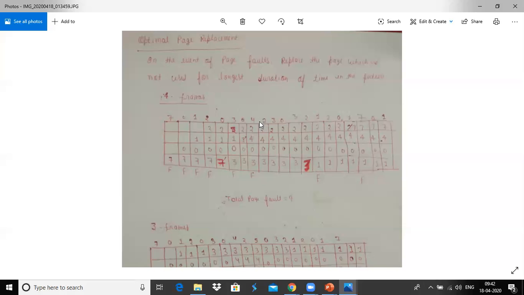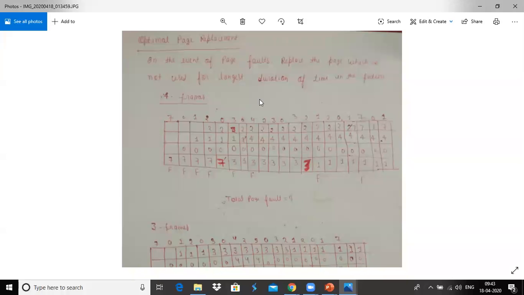So after 4, 2 is used, so 2 will not be replaced, and again see 3 comes here, and again 2, 3, again 0. After that 2, 3, 0, after that 1 comes.